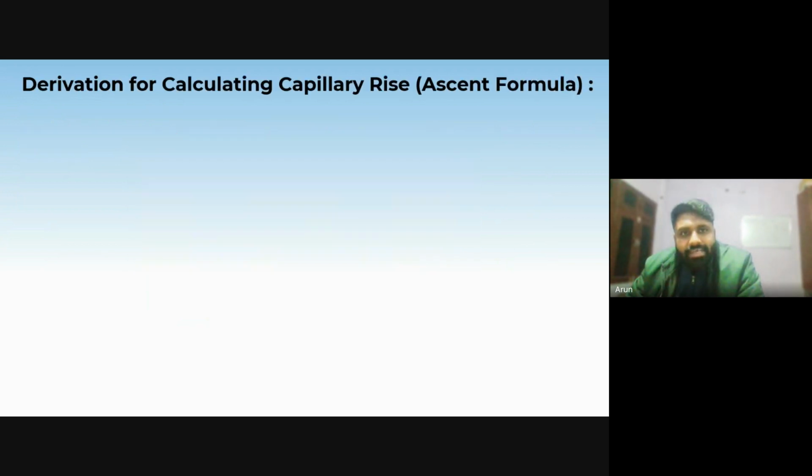Now the derivation for calculating capillary rise, the ascent formula. I will derive it on my own. You just note it. So we have a capillary which is inside a liquid, and the liquid will rise in this capillary up to a certain height, let's say h, and we have to calculate this height.